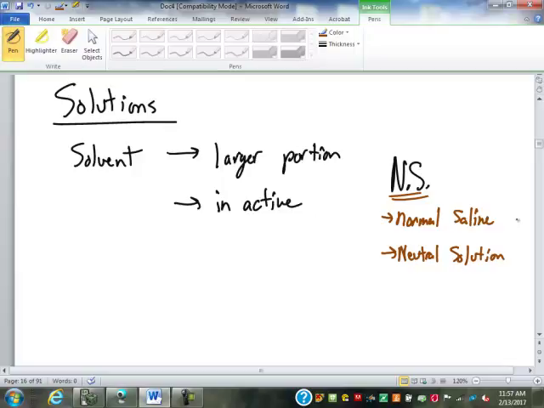So our solvent, as I said, is generally inactive. It's what we call a vehicle in medicine. By vehicle, that means it doesn't do anything medically. All it does is it takes the active ingredient, the medicine, and carries it into the patient.